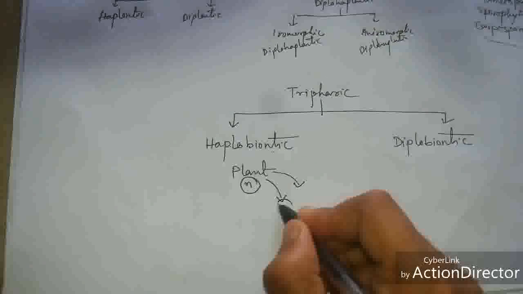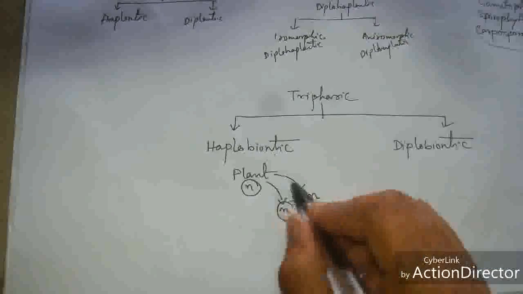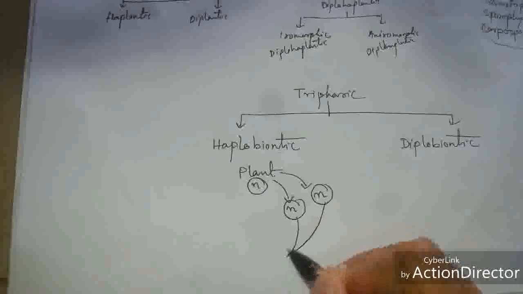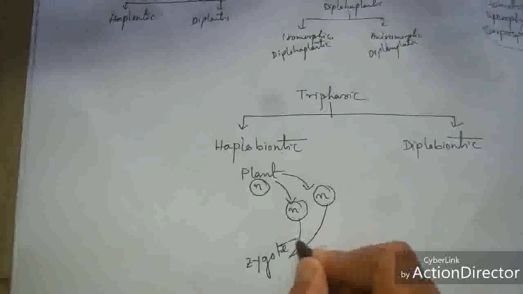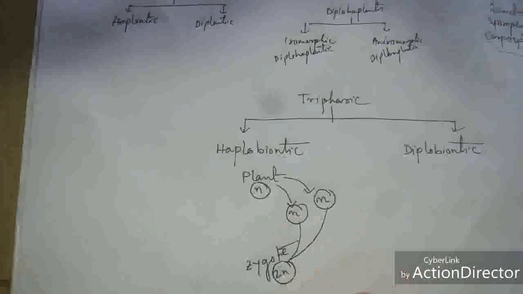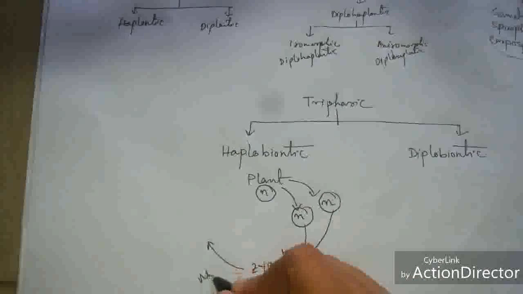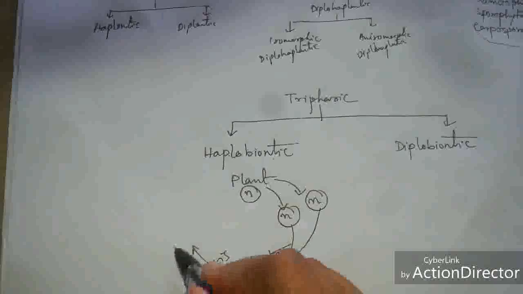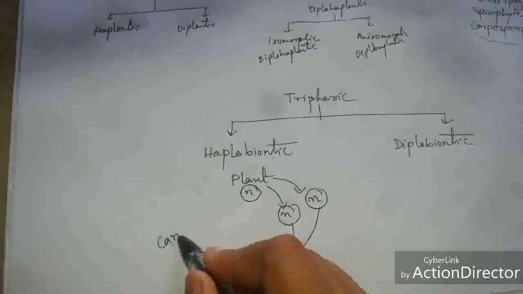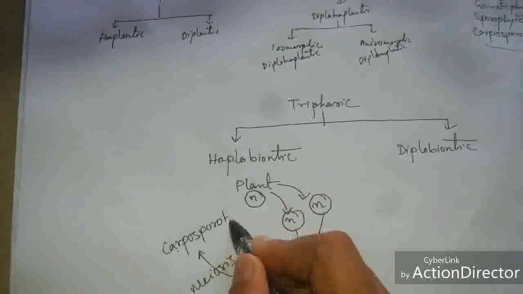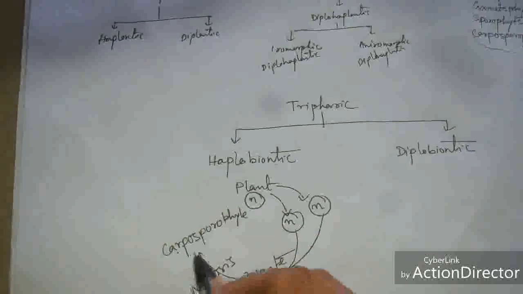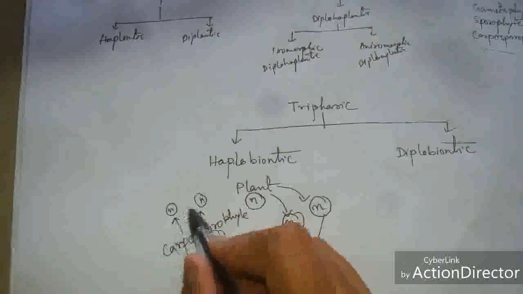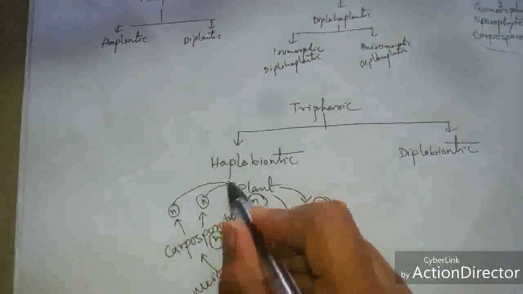So male gametangia produce male spore and female gametangia produce female spore, and after fusion they produce a zygote which is diploid type, and after meiosis this diploid zygote produces a special type carposporophyte, and which produces again spores which are haploid type, and from this again the main plant body is produced.